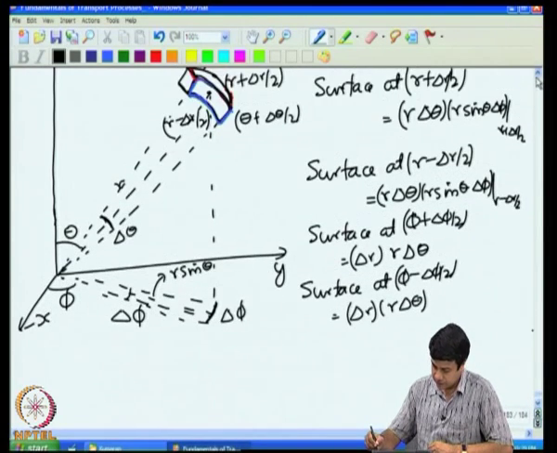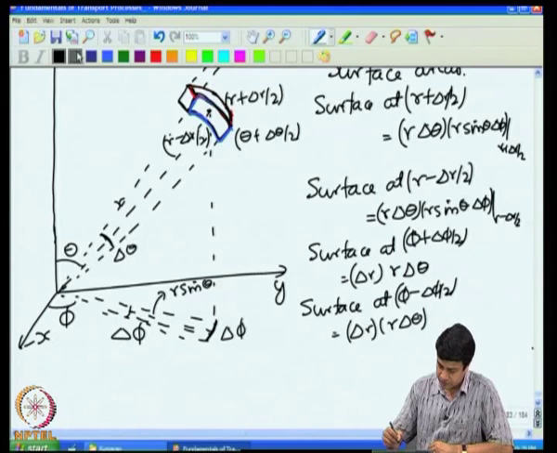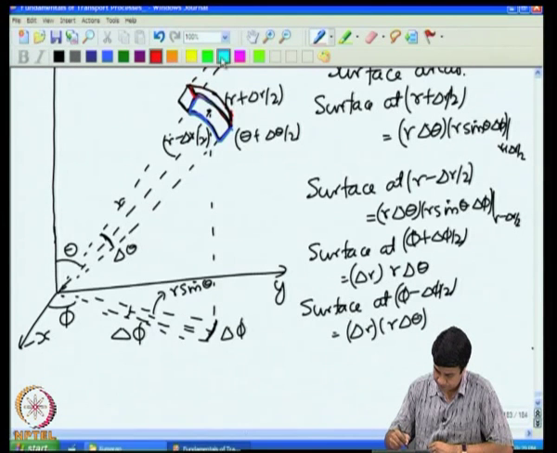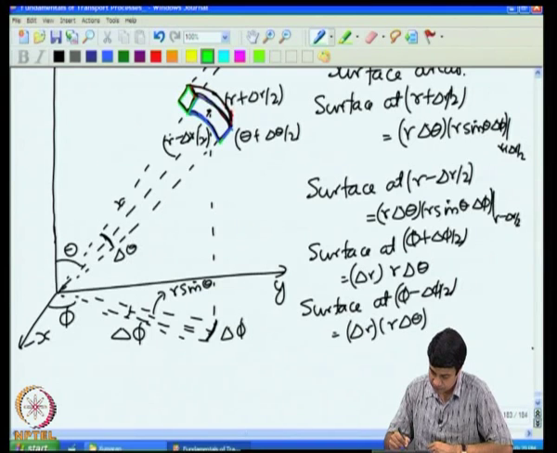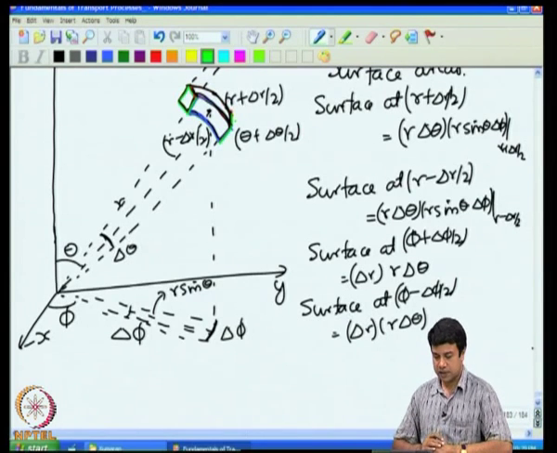And finally, for this differential volume, I also have these two surfaces. This one is at theta minus delta theta by 2, and you have a similar one here at theta plus delta theta by 2.